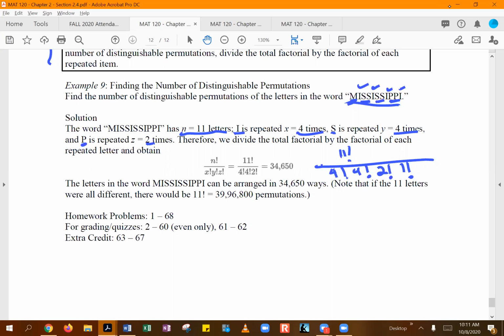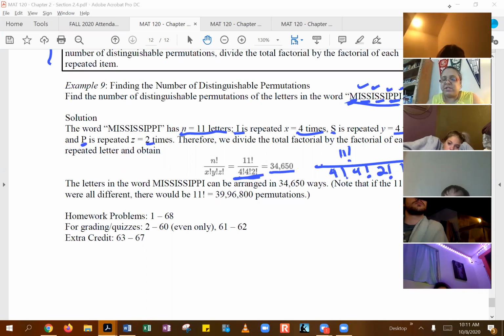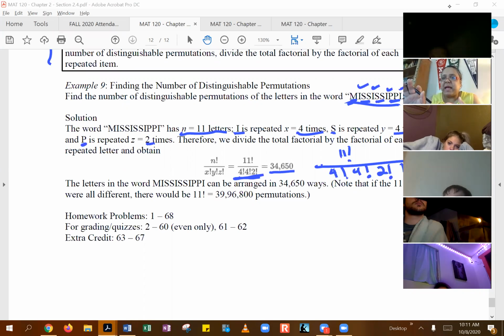That's the reason they did not include it, because it doesn't change your calculation. You can add the 1 for the M from Mississippi, or you can leave it. But there are 34,650 different ways that we can rearrange these letters, taking into consideration that those letters were repeating multiple times.